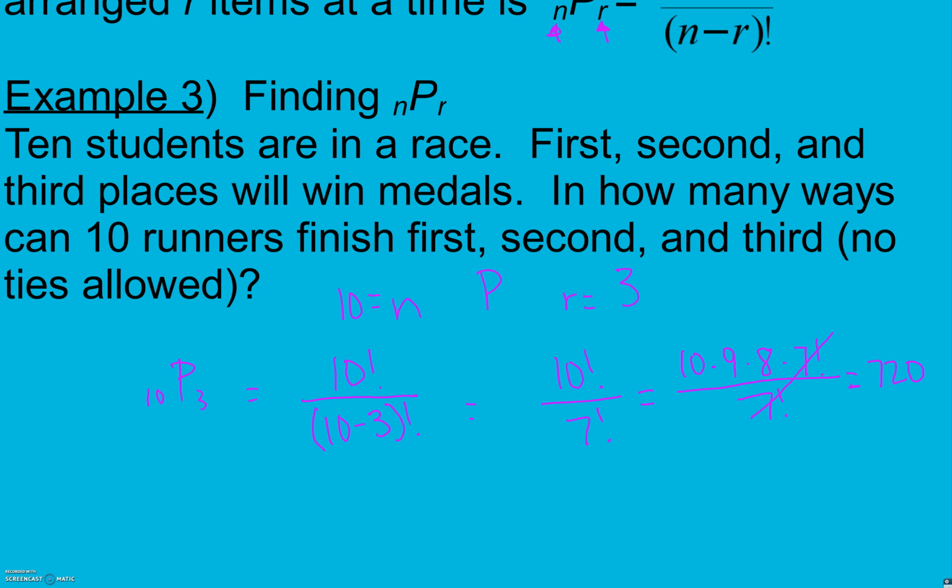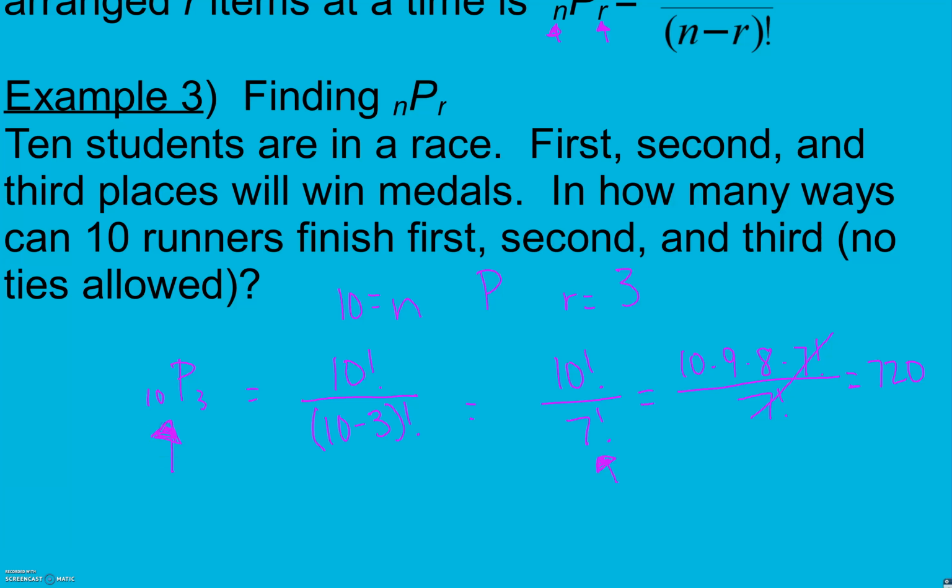We also could have typed in 10 factorial divided by 7 factorial using our PRB key, which gets me to 720. We can also type in this.